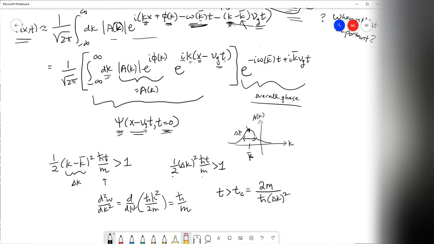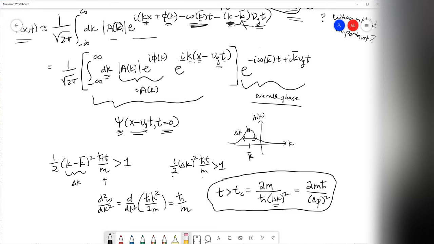And we could convert that to a momentum. The delta k becomes p over h bar, so it's alternatively 2m h bar divided by delta p squared. So it's when the time of your evolution is bigger than 2m h bar divided by the initial uncertainty in the momentum.